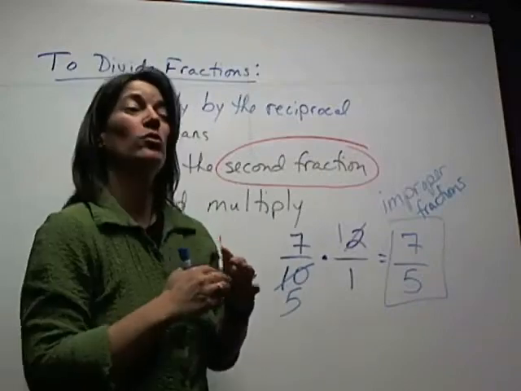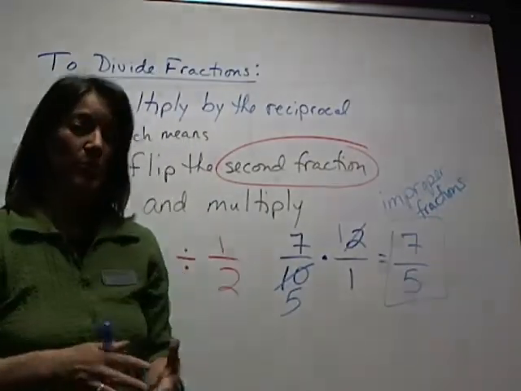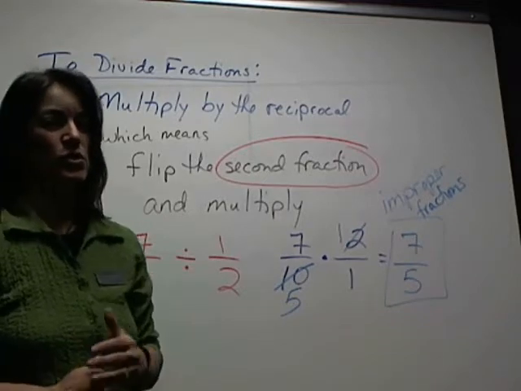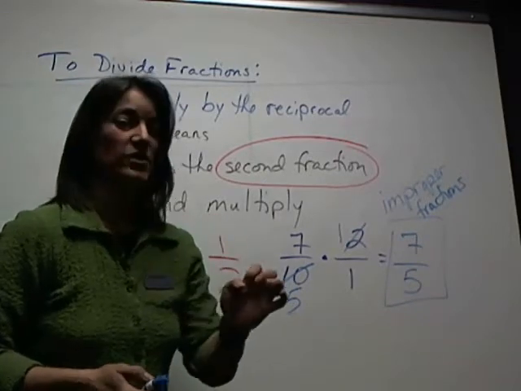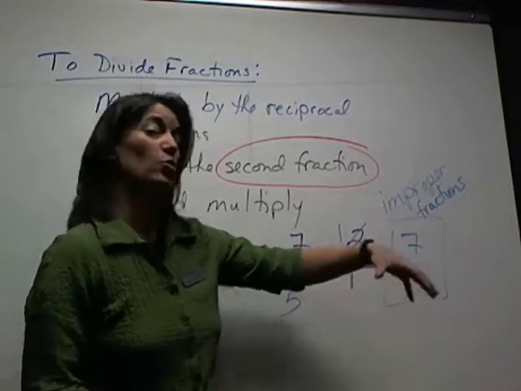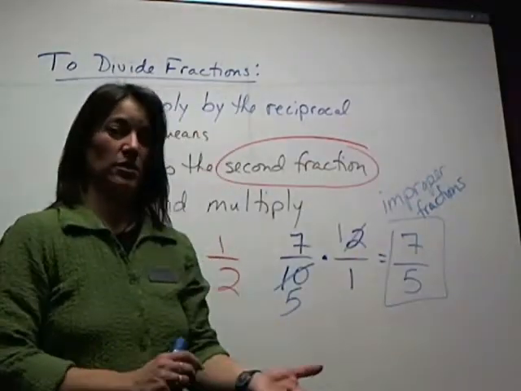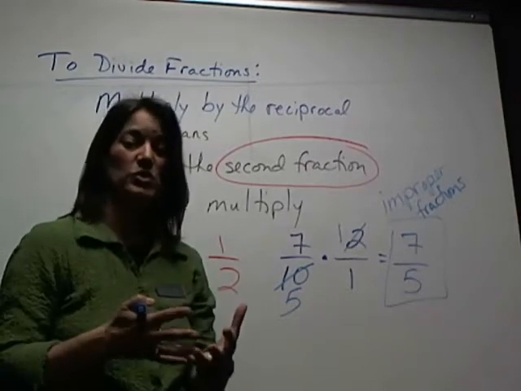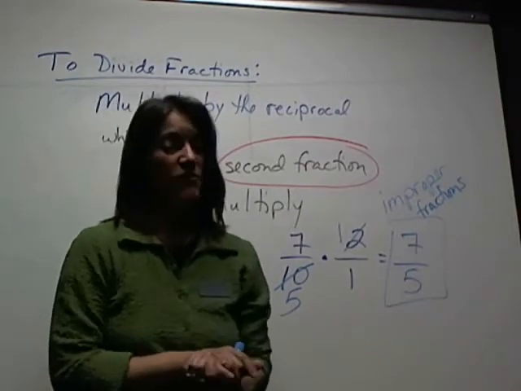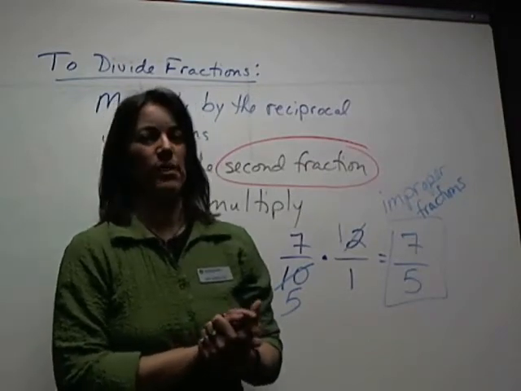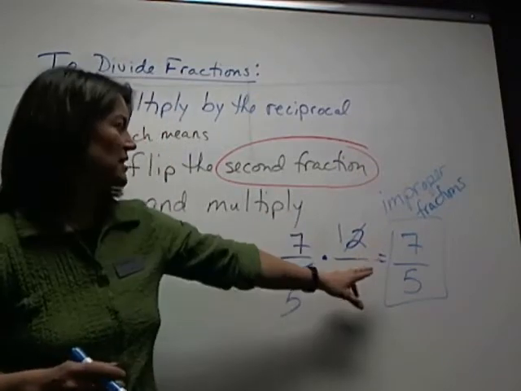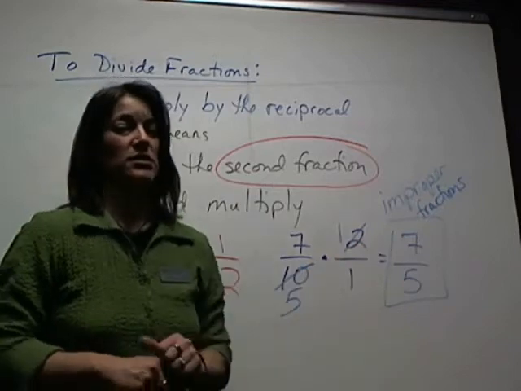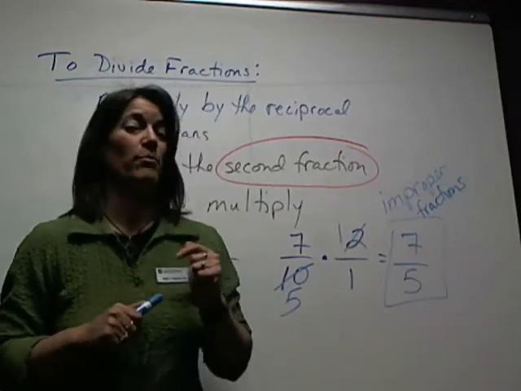In algebra, you will only have proper and improper fractions. Reduced, of course. Always reduce your fraction, but do not convert it. Putting it from one form to another form is a conversion. Taking a common factor out is a reduction or reducing. You always reduce your fraction, but we don't convert them. So you keep it as an improper fraction because we don't do mixed numbers in algebra, and I want you to be prepared for that.